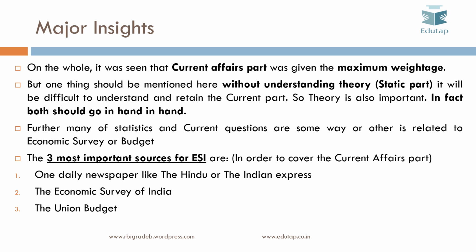So both these things should go hand in hand. Now let me tell you that most of the current affairs questions for ESI came from three important sources. What are those three sources? One is your daily newspaper like The Hindu or the Indian Express. Then there is the Economic Survey of India and the Union Budget. So most of the questions are covered from these three sources, right?